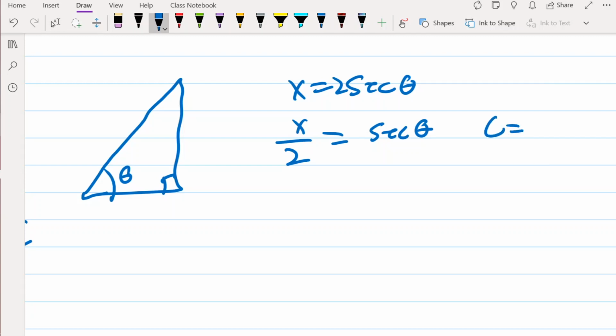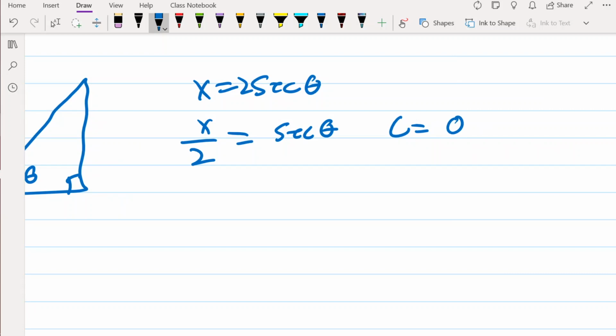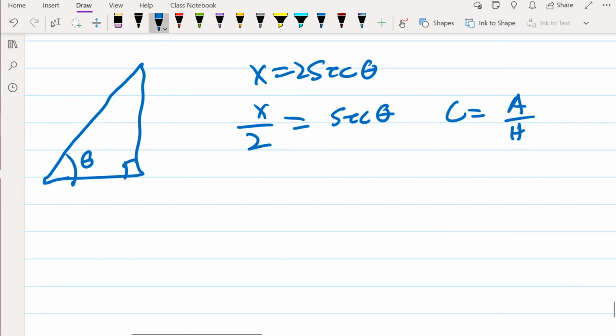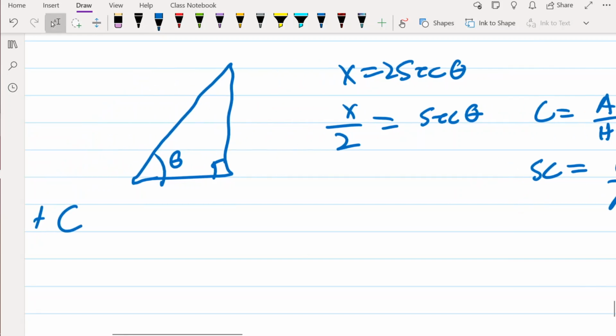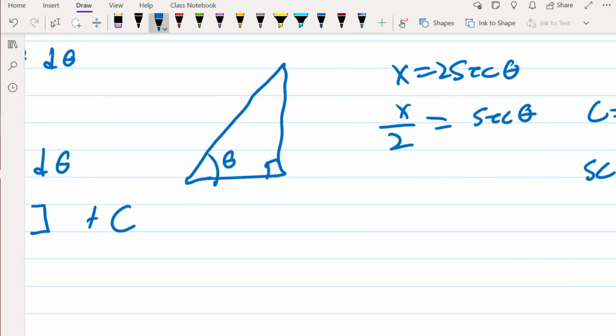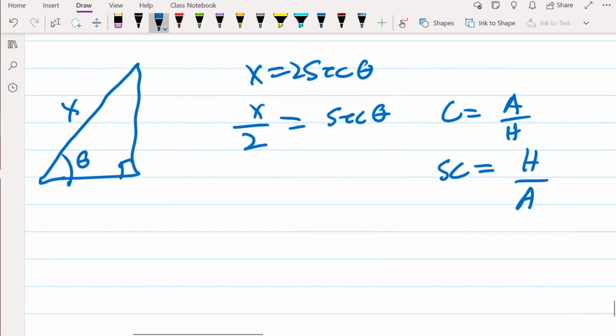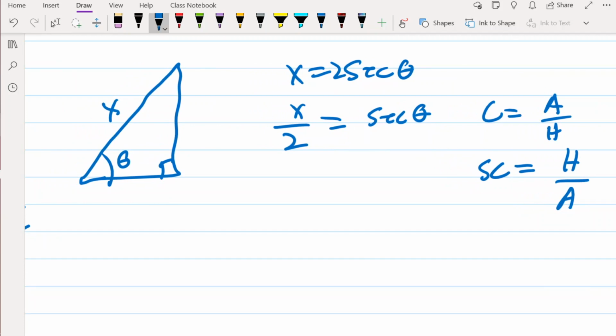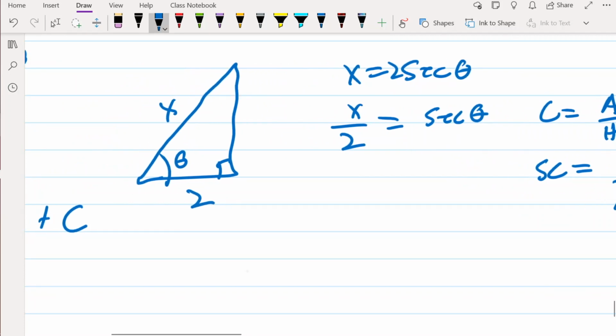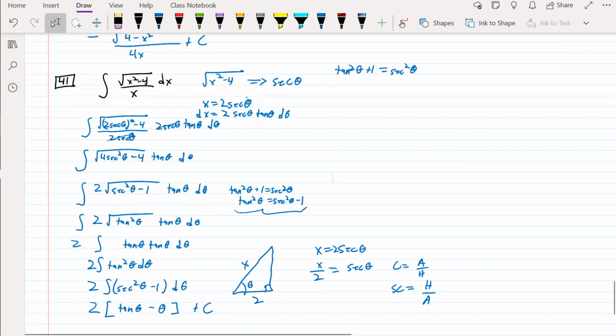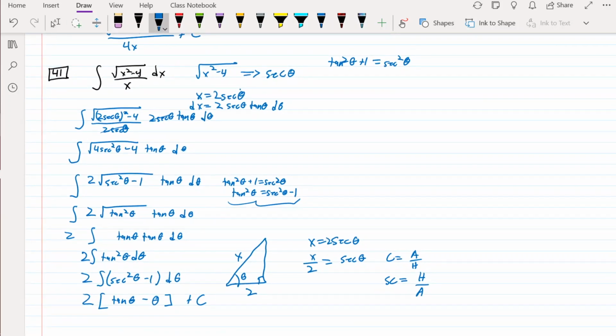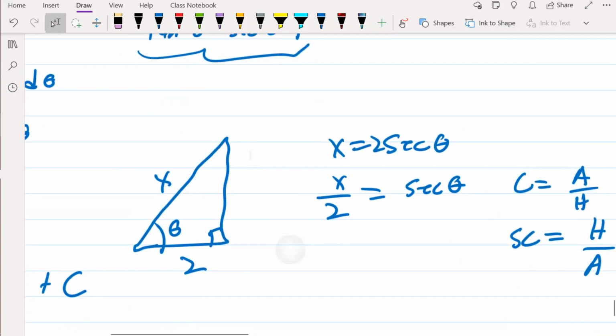And cosine equals adjacent over hypotenuse, A over H, which will mean that secant is going to be equal to H over A. So our hypotenuse for this equation is going to be x, and our adjacent is going to be equal to 2. And we can use the square root of x squared minus 4 to find the last bit, like we saw earlier.